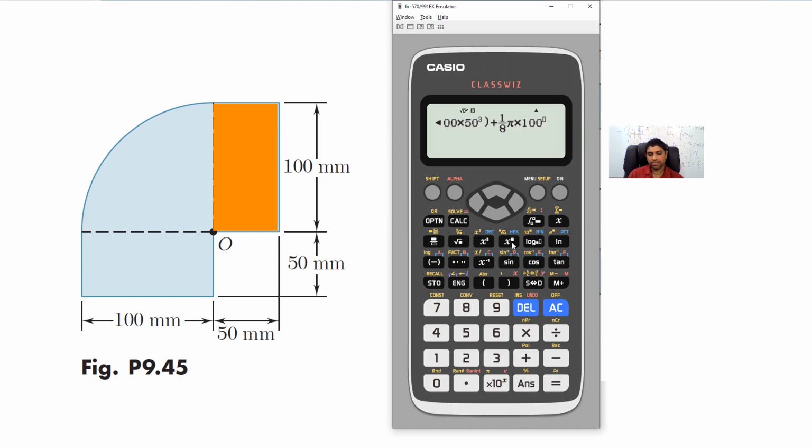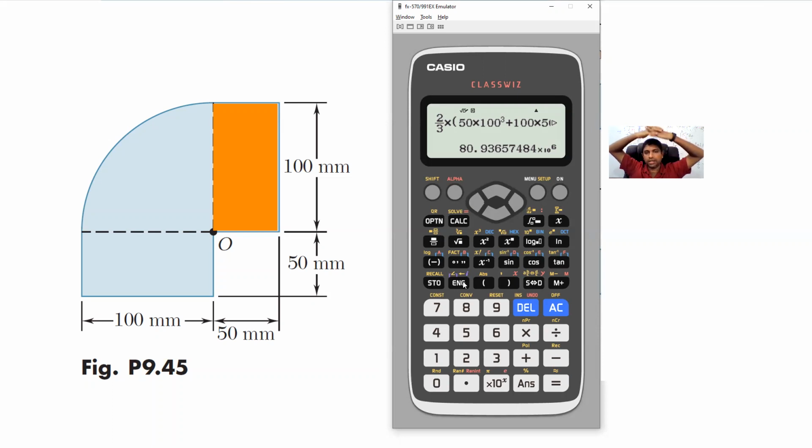By pressing equal sign, we can obtain the value for I naught. I naught is 80.9 into 10 to the power 6. Then we have to find the centroid.